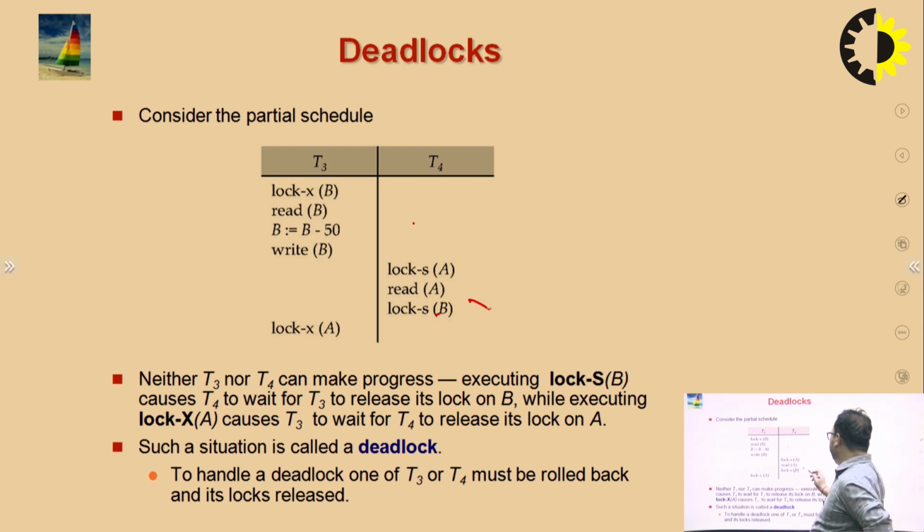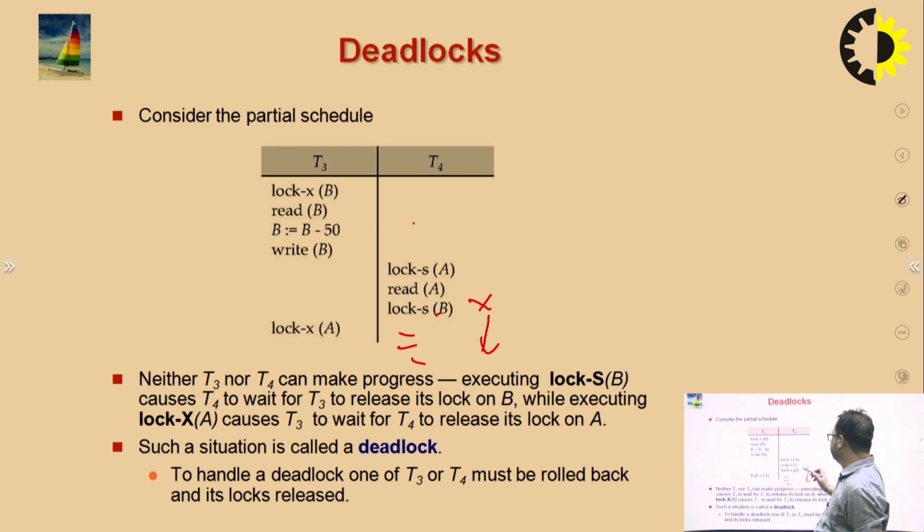So after that you cannot move on. The instruction below that cannot execute, because B is already locked. The concurrency control manager will not give permission to access below that, because B is already locked by transaction T3.